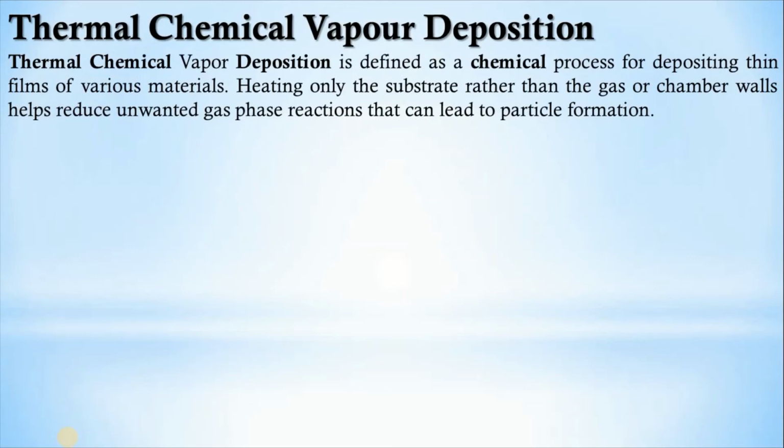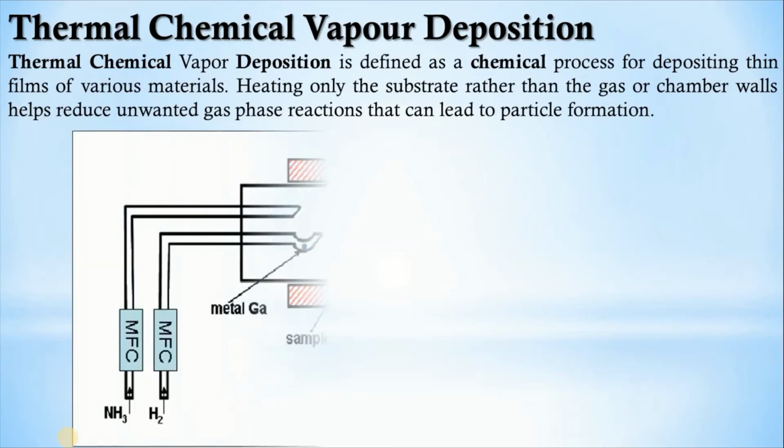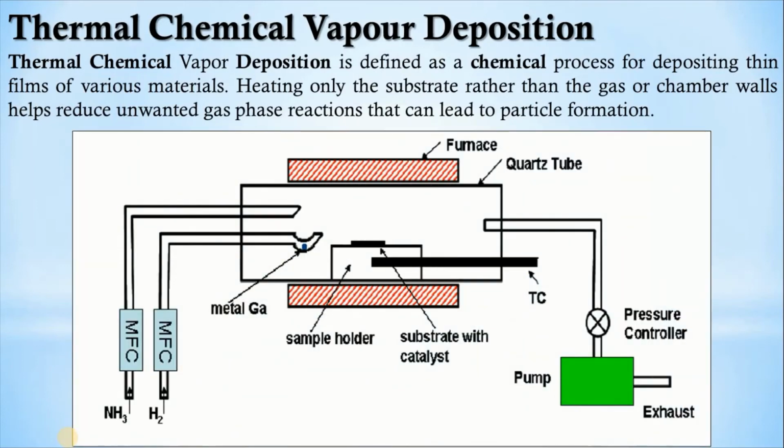There are two basic types of reactors that can be used, hot wall reactor and cold wall reactor, that we have seen. Similarly, the APCVD, that is atmospheric pressure CVD.